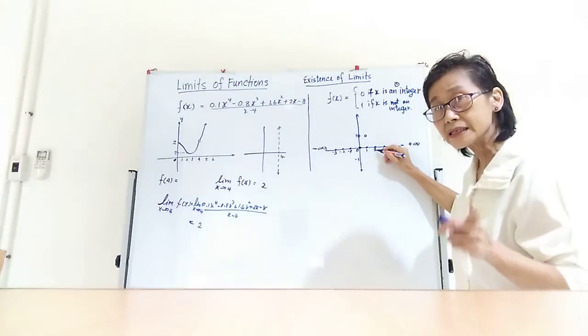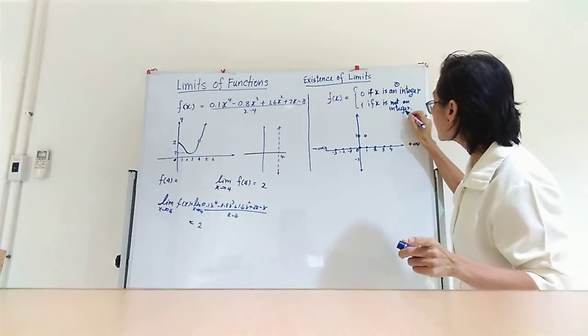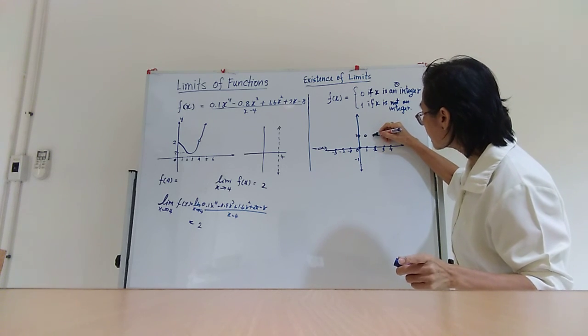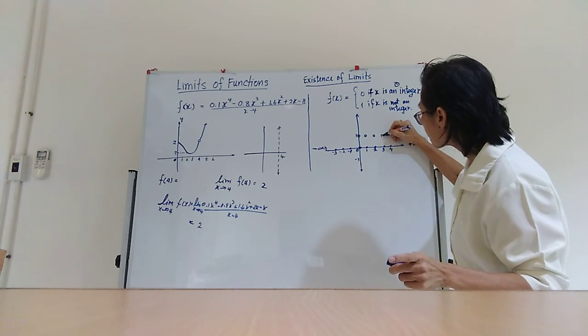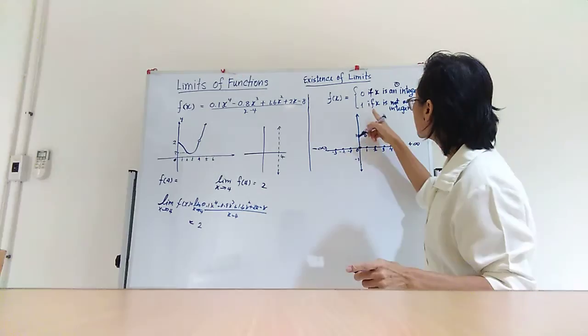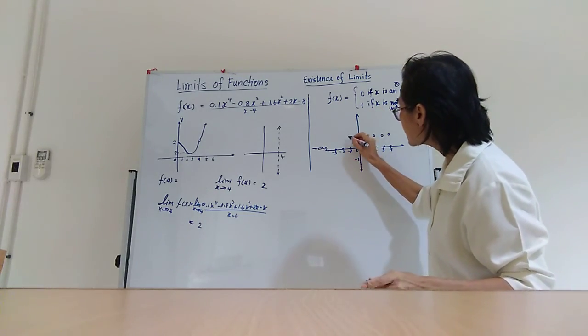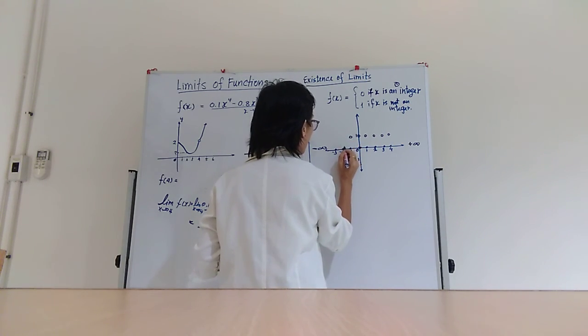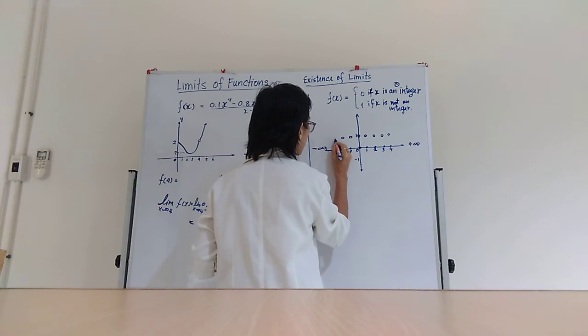If 2 is an integer, it has to be an open dot, and so on. At the same time, negative 1 is an integer, so this one has to be an open dot, and this one open dot, and so on.